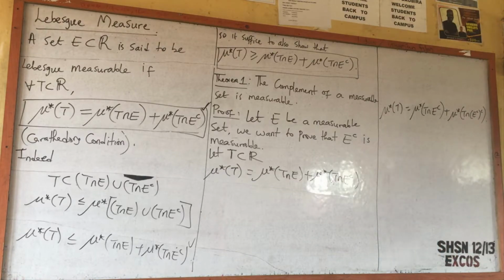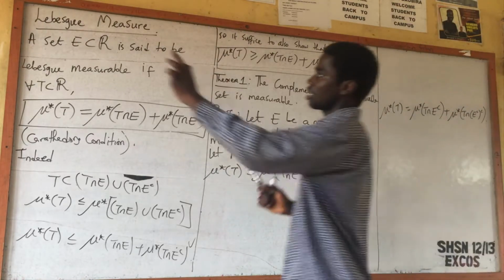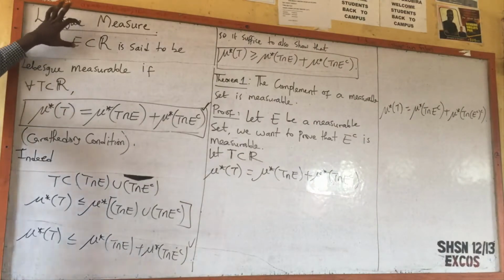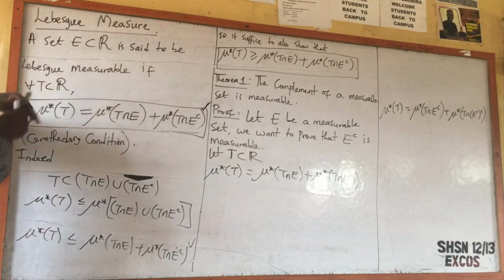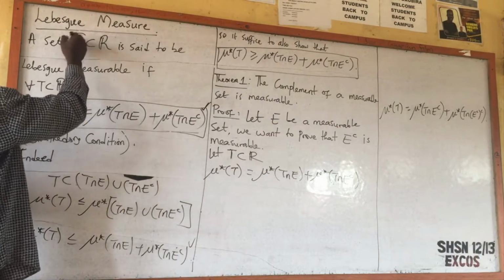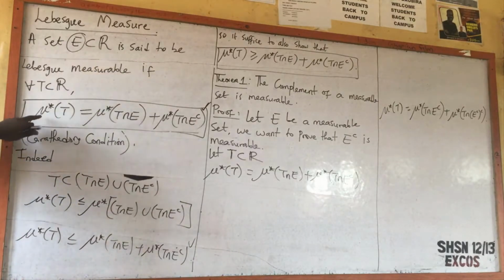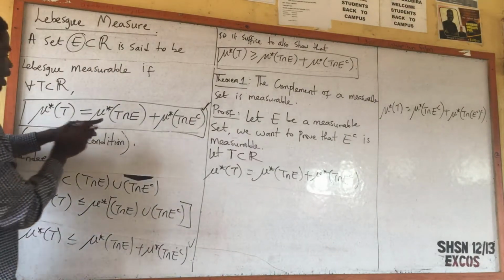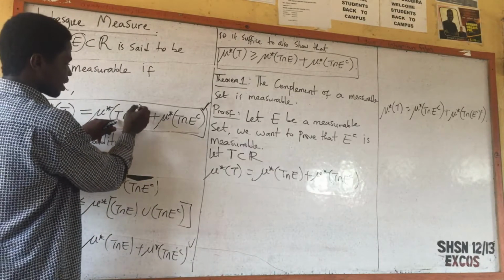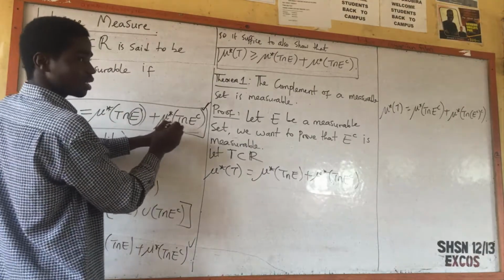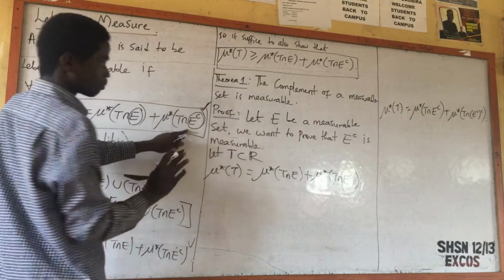Whenever a set E is said to be measurable, the outer measure of T is equal to the outer measure of T intersection E plus the outer measure of T intersection E complement.